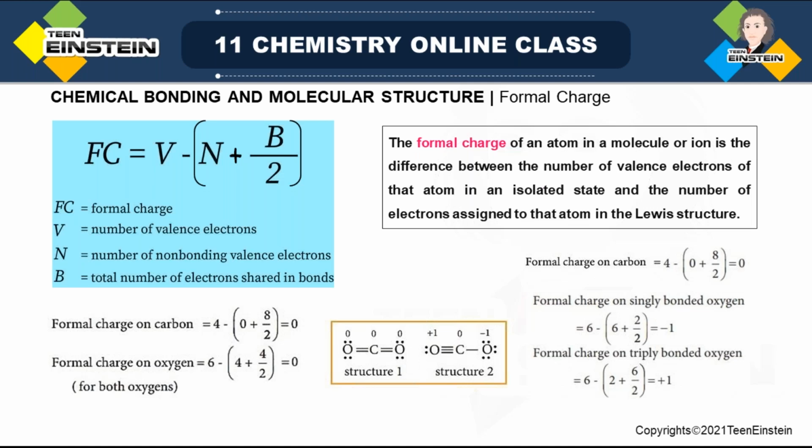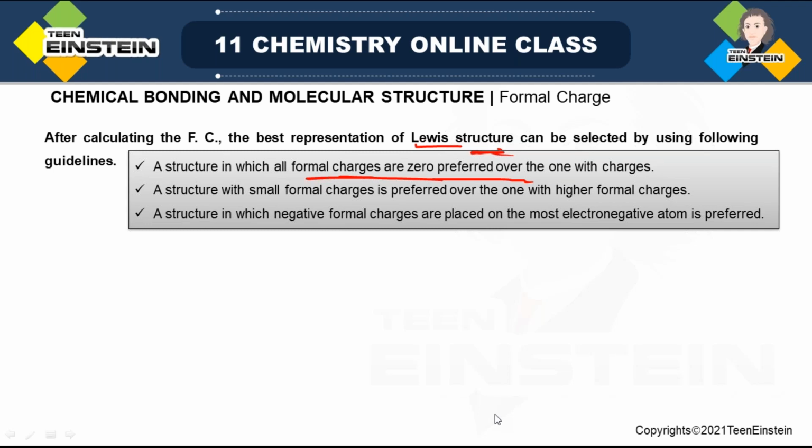Have a look at the previous slide that we finished in the last class. There are two structures possible for carbon dioxide, but we discarded the second one. The first is actually correct because here the formal charges are less compared to the second structure. That is the first point mentioned here: a structure in which all formal charges are zero is obviously preferred over the one where you have some charges.